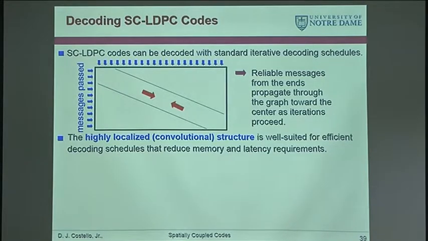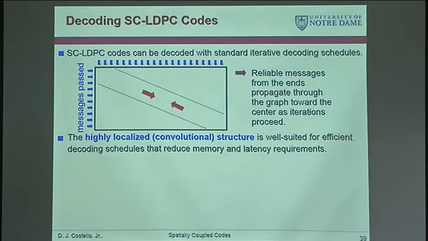But that can't happen with this convolutional, spatially coupled structure. In one step you can only go one constraint length away from a particular variable node. So this has a very definite localized structure.